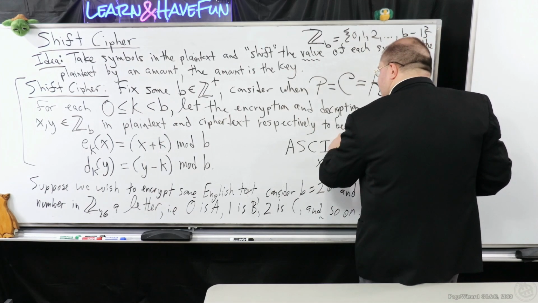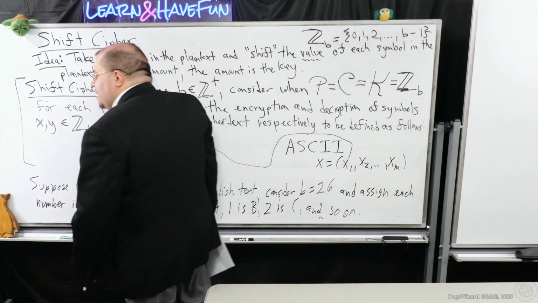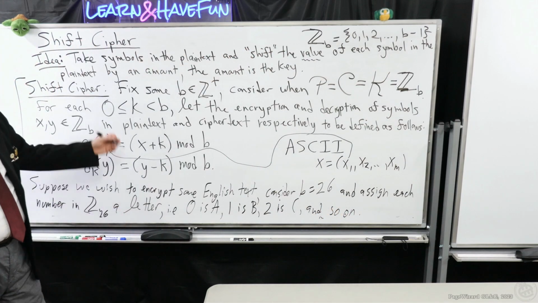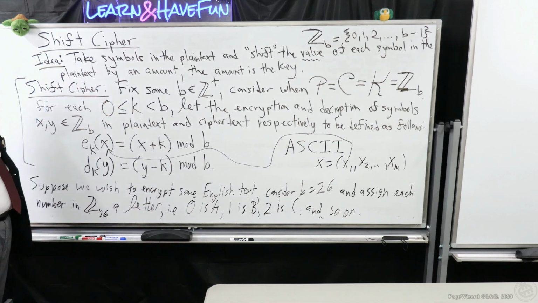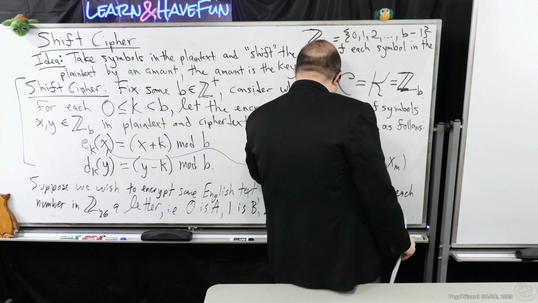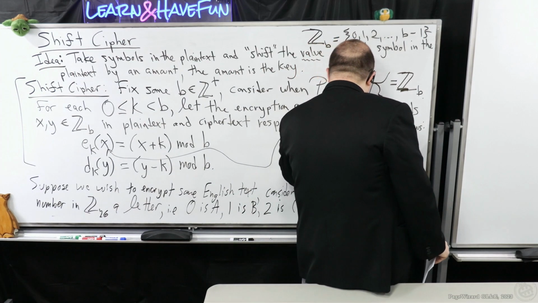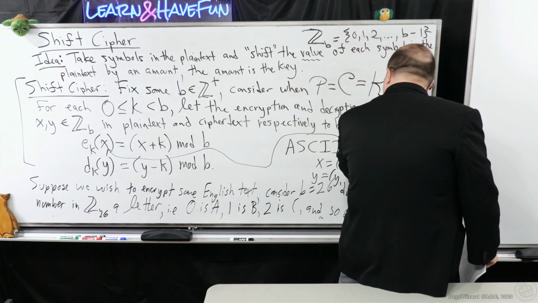You feed each one of these xi values over here, and as a result, you end up with a corresponding symbol for the ciphertext: y1, y2, and so on, ym.